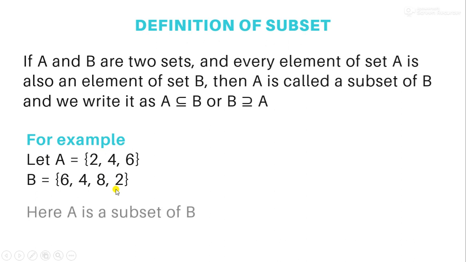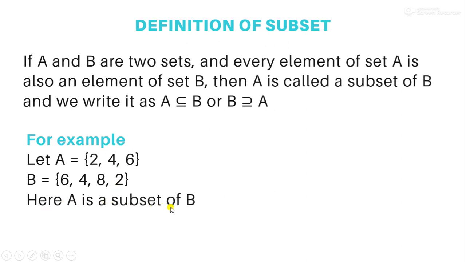So we can say that here A is the subset of B because every element of set A is also a part of set B. We can denote A subset B.